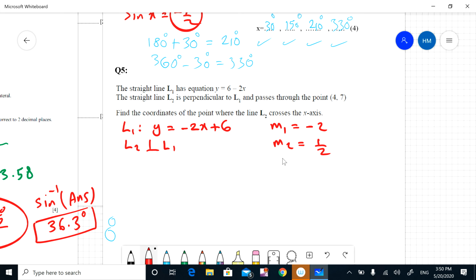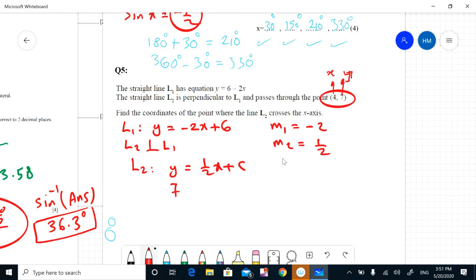So this is the gradient. What's the equation of L2? L2 has an equation y equals half x plus c. I don't know the value of c, but I have a point that lies on the second line L2. So you can put 4 instead of x, and 7 instead of y in the equation.